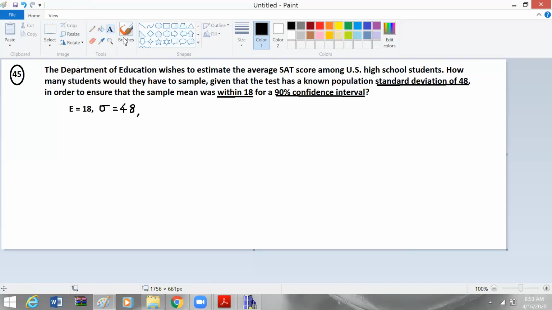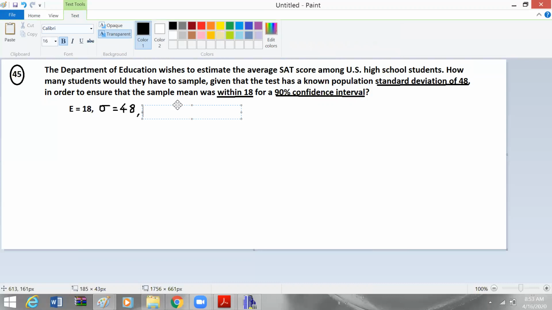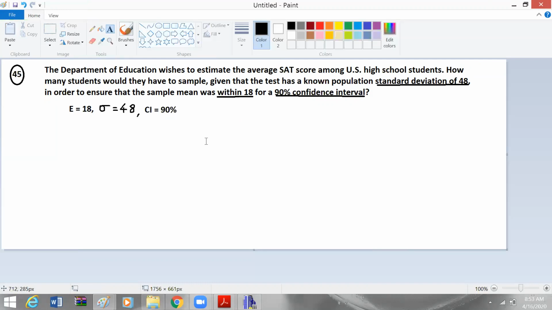So we're going to put them down: the CI equals 90%. Do we have to write down the information? It's not necessary, but it basically helps us understand what kind of problem we need to do. And now we need to look for n.